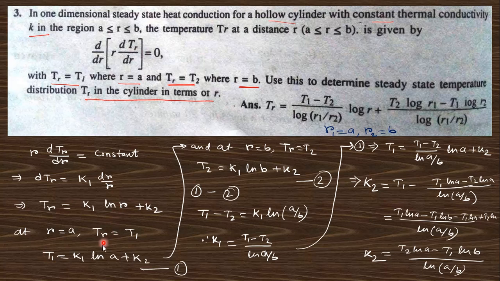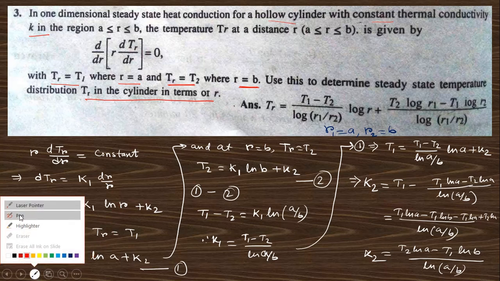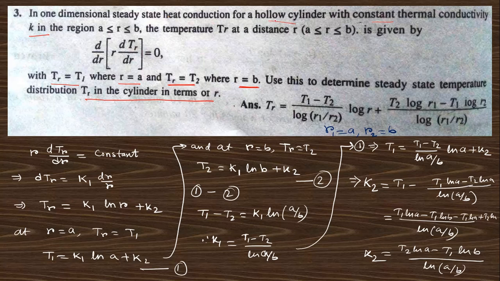Next, in one dimension, steady conduction in a hollow cylinder of constant thermal conductivity K. In this region, the temperature at a distance r is T(r). Given this, if you integrate, this will be a constant, and if you integrate again, there are two constants which can be calculated given the two conditions: r equals a, T equals T1, and r equals b, temperature is T2.